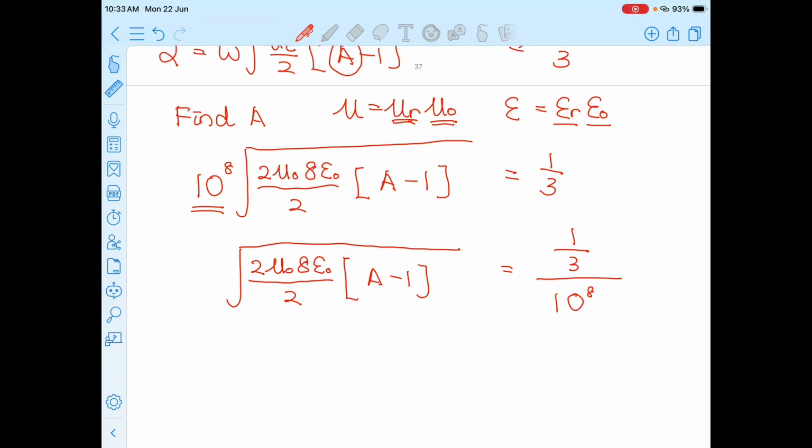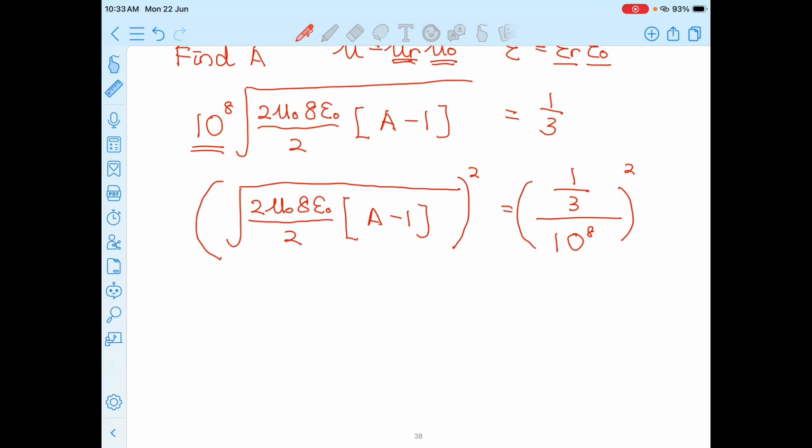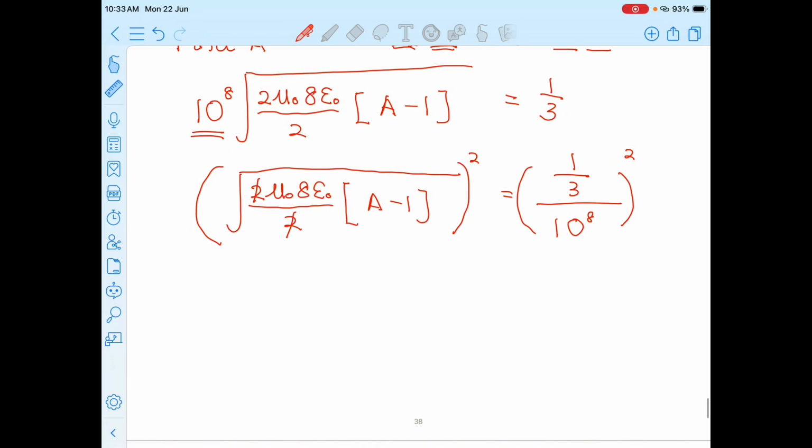If I want to remove my square root, I have to square the left side and also the right side together. Over here I can cancel this, so I left this mu naught, epsilon naught, I put the 8 in front, so I have A minus 1.